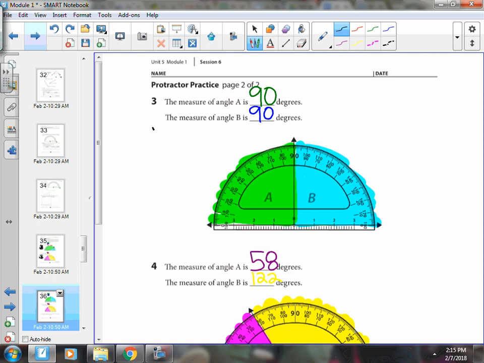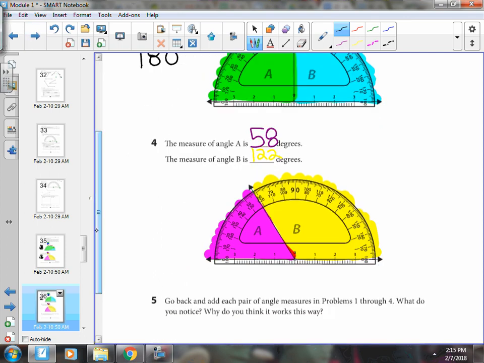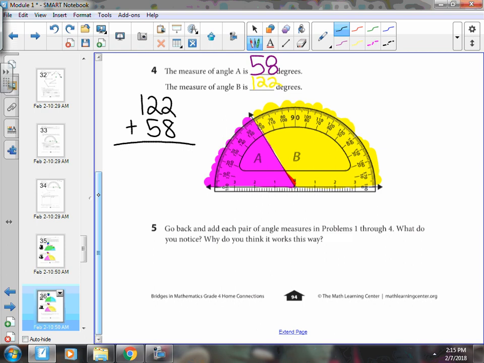When I look at number 3 and add these two together, interesting. And number 4, it might be a little bit off on this one because it wasn't directly on one of the lines. So if you're a few degrees off, that's totally fine. Interesting.